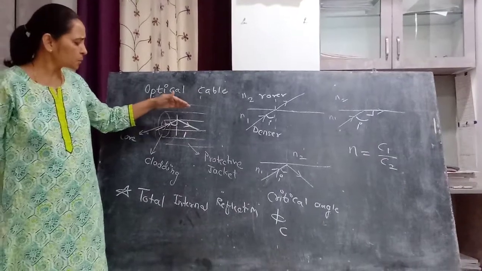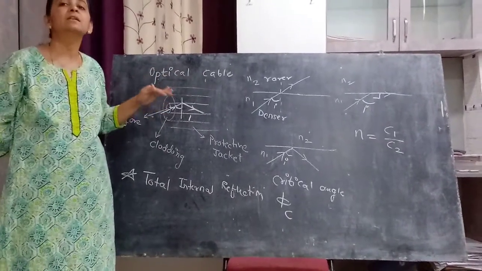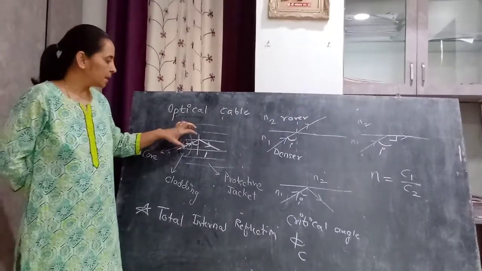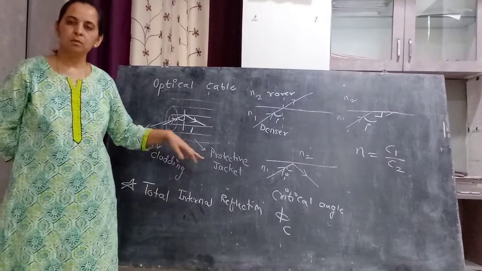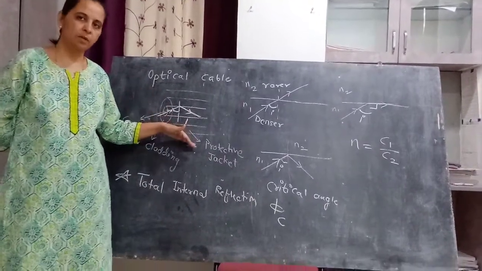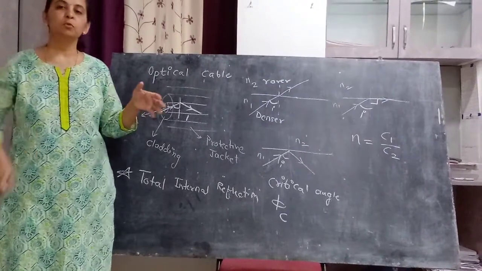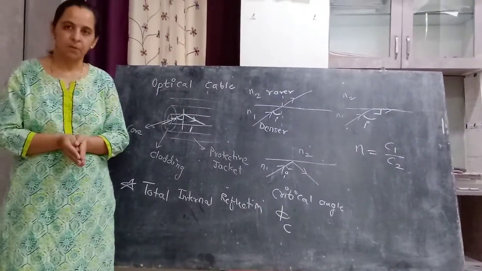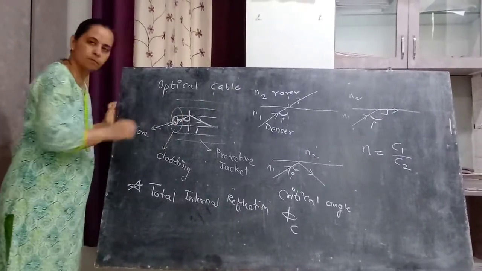That's why we have a cladding whose refractive index is slightly less than the refractive index of the core, and outside that we have the protective jackets or coverings. Why do we need protective jackets? Because it is glass, it is brittle, so you have to protect it from damage, right? See the radius of this core.